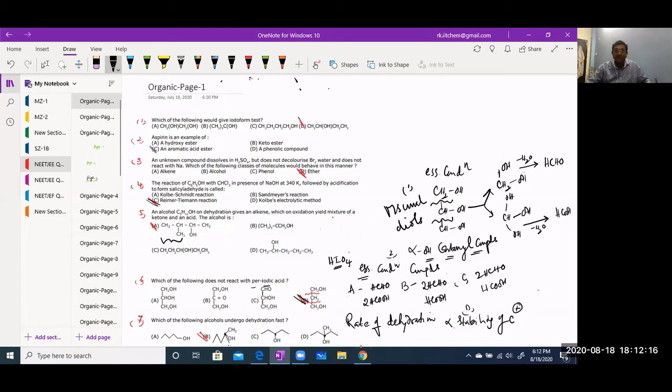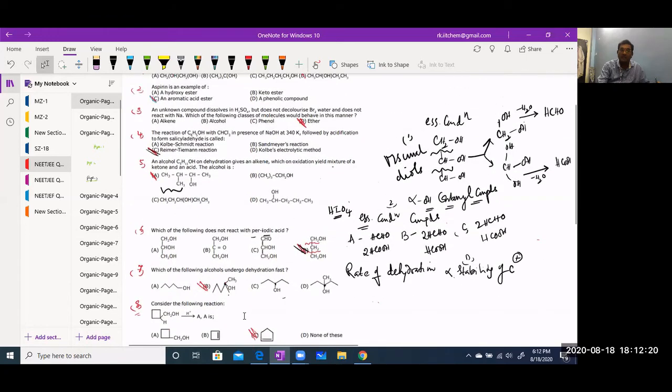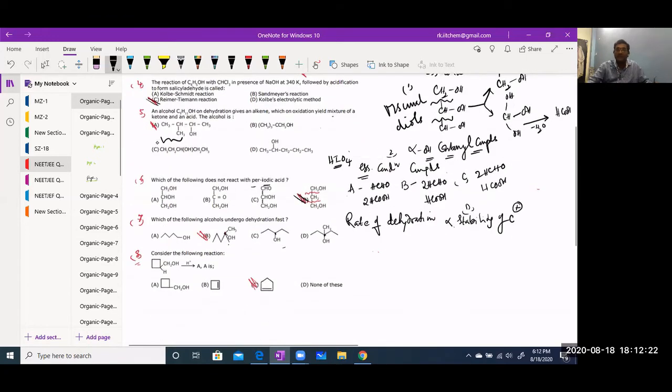But here, one of the important aspects that I'd like to bring to your notice: see, the order of effects, plus M is greater than plus hyperconjugative effect, and plus I. See where many effects are present.